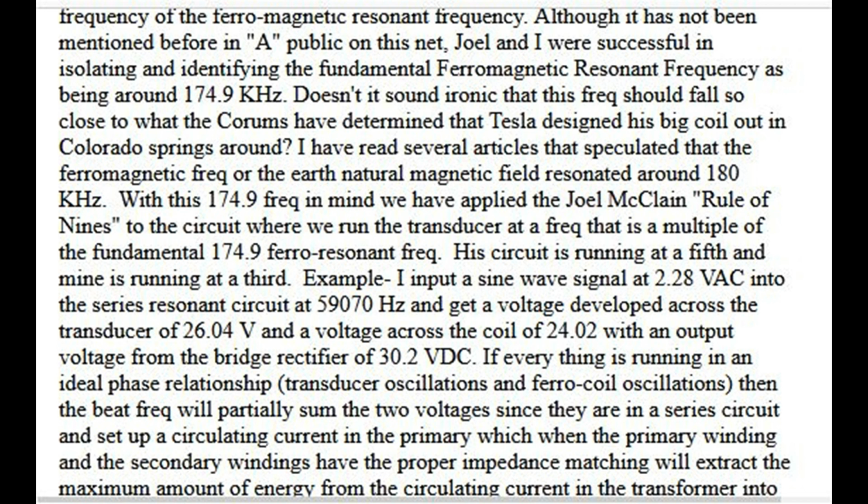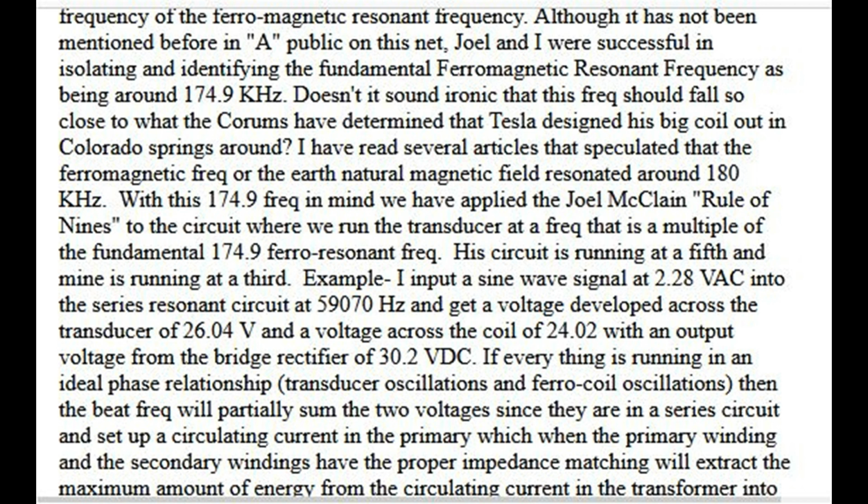Example: I input a sine wave signal at 2.28 volts alternating current into the series resonance circuit at 59070 Hz and get a voltage developed across the transducer of 26.04 V and a voltage across the coil of 24.02, with an output voltage from the bridge rectifier of 30.2 volts direct current.